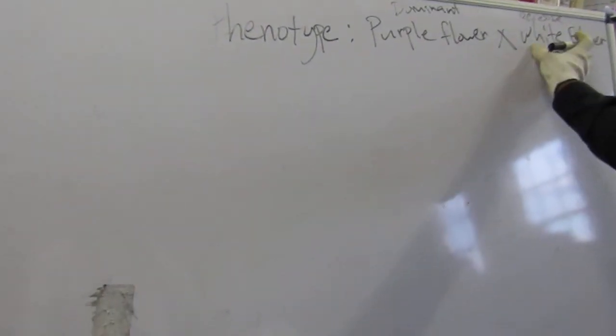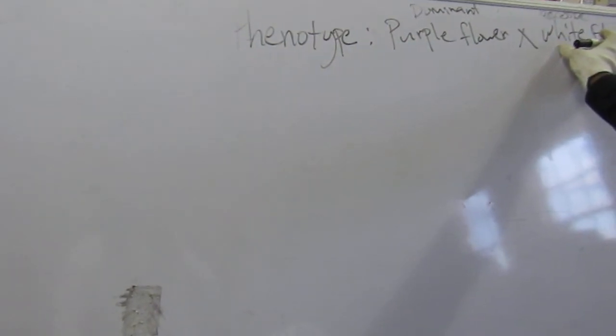Meaning that this one will have small letters and this one will have capital letters. Both of these plants, they are pure breeds, meaning that your white is going to be small letter P, and your purple is going to be capital letter P. Now this is how you do a genetic diagram.